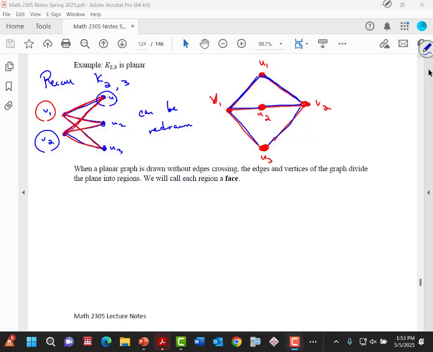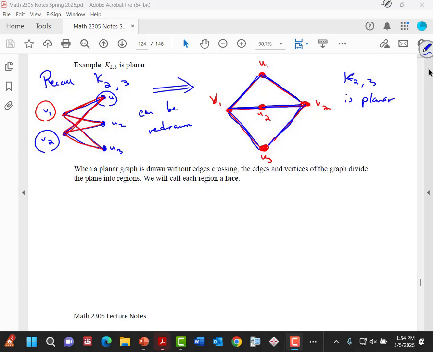U2 is connected to only V's. V1 and V2. And U3 is connected to only V's. V1 and V2. And so my claim is that K2,3 can be redrawn as follows. And now notice no two edges cross each other or overlap. And so we would say K2,3 is planar.